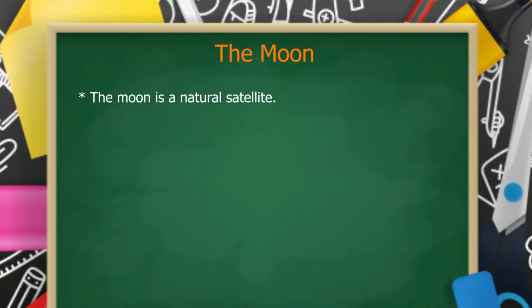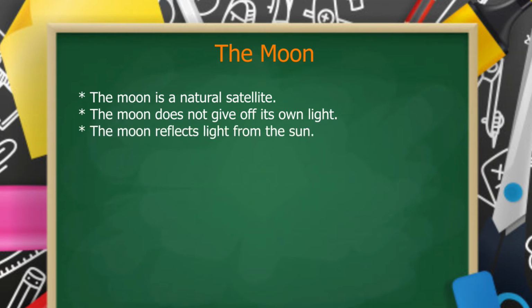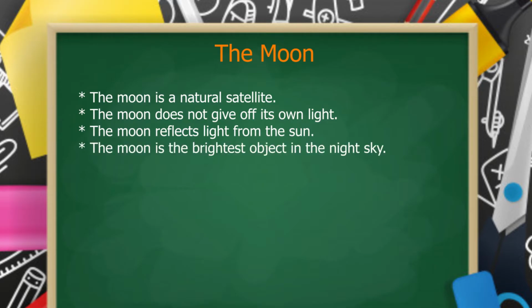Now, what about the moon? The moon is a natural satellite. The moon does not give off its own light. It reflects the light from the sun. It is the brightest object in the night sky.